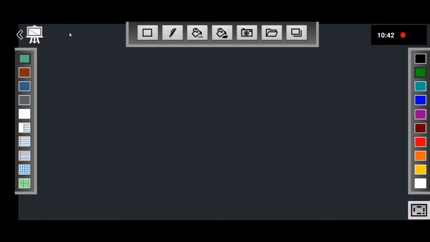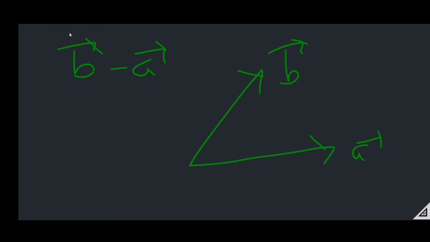So now let's see the direction of b vector minus a vector. Suppose the figure is like this. Suppose here is a vector and here is b vector, then in the opposite of a vector here is minus a vector, and here in this plane we have b vector minus a vector.